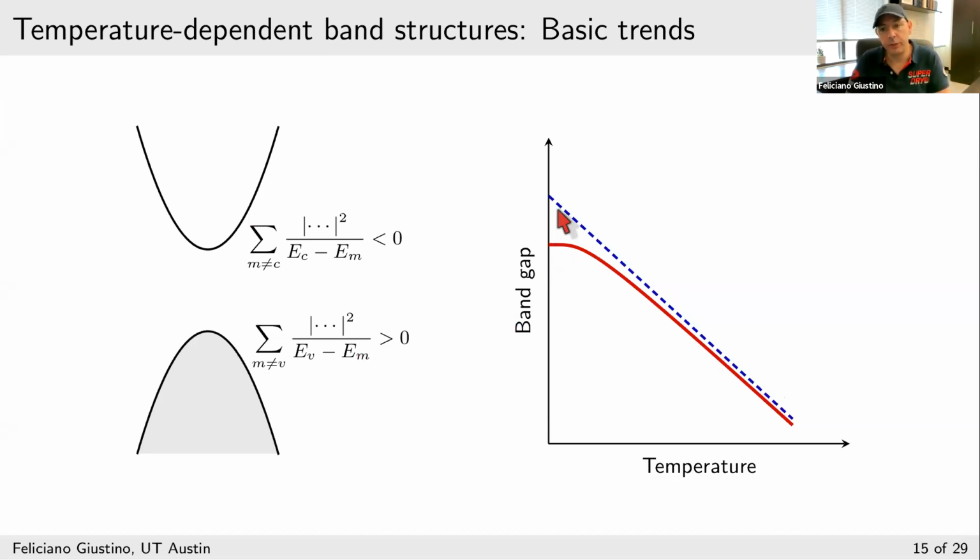In particular, if you do the calculation at 0 temperature in DFT, you will not hit the real band gap of the system at 0 temperature, because you are looking at this kind of value here, while what is being measured by the experiments is this value here. So the difference is what is called the zero-point renormalization of the band gap, okay?